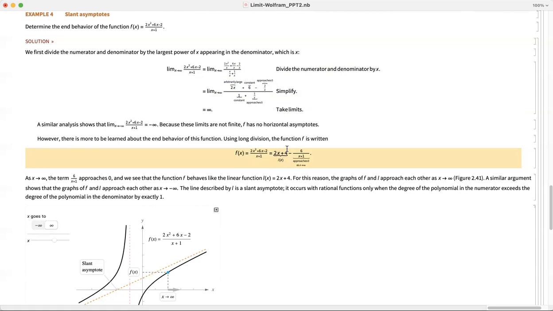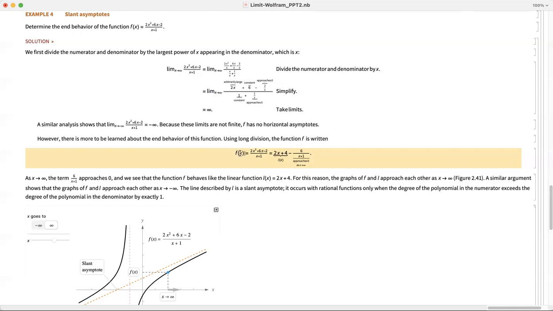But don't just look at the last scene of this behavior as x approaches infinity. Just look at the process, how f of x approaches infinity.